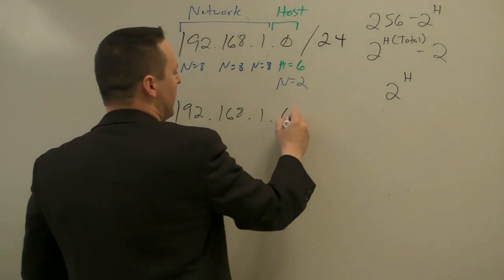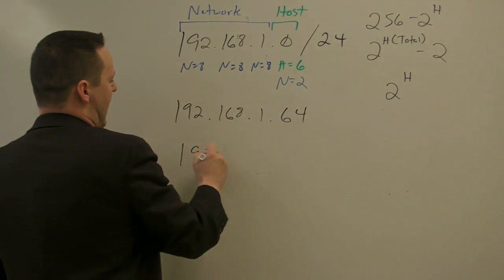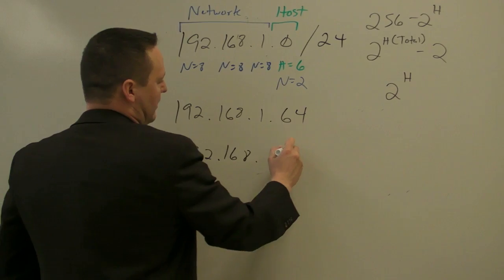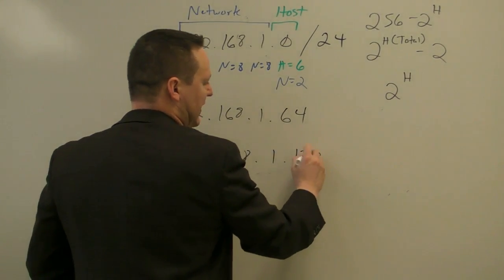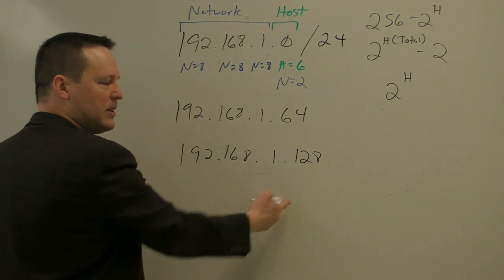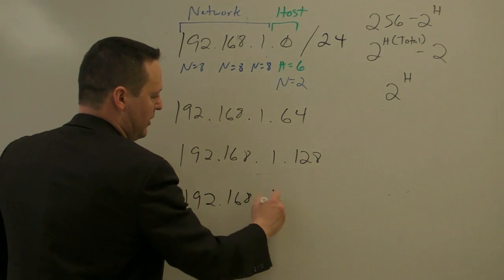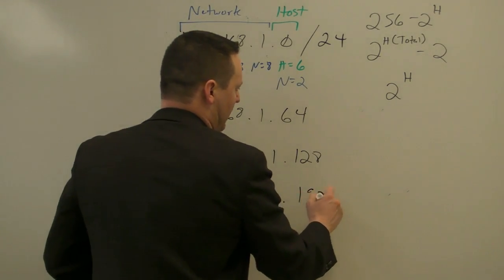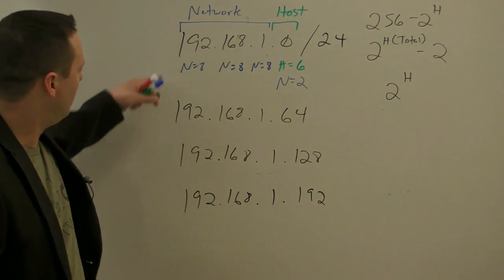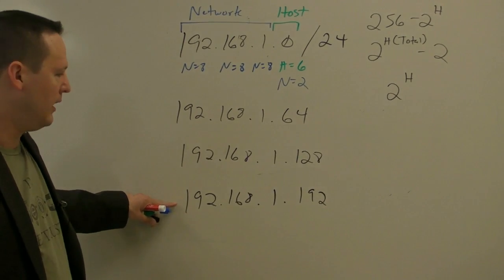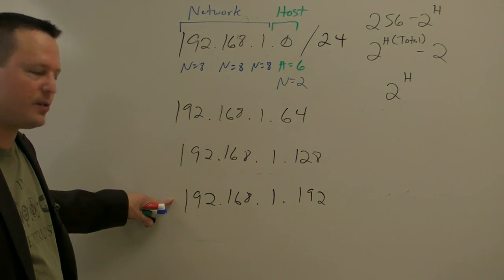So I'm progressing by 64, and I'm not doubling it. I know it looks like I just did that, but I didn't. The next one is not 256. I'm adding 2 to the H each time. 192. There are 1, 2, 3, 4 subnet IDs that I just made.